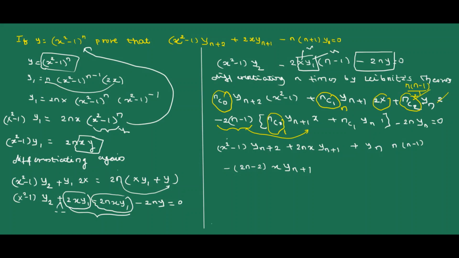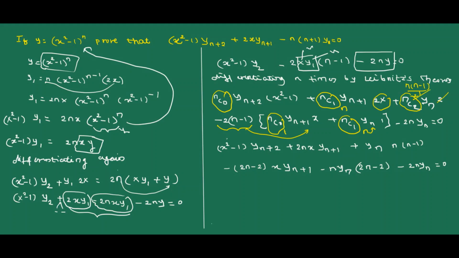And for the next term nC1 value is equal to n, and this y1 gives n y_n, and with the minus, this (2n minus 2). Okay, then last, minus 2n yn is equal to 0.